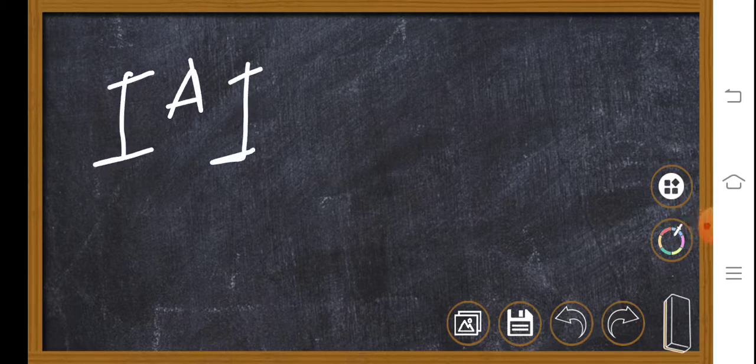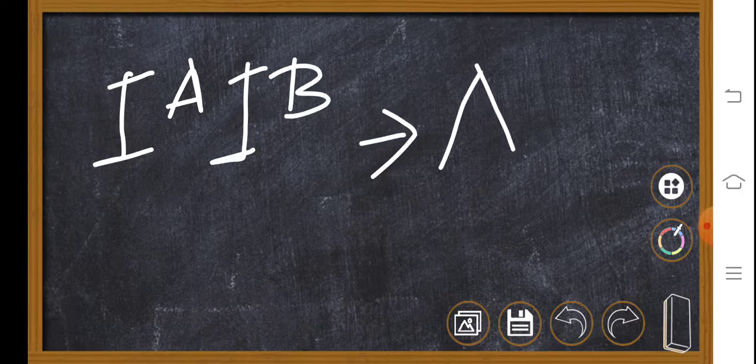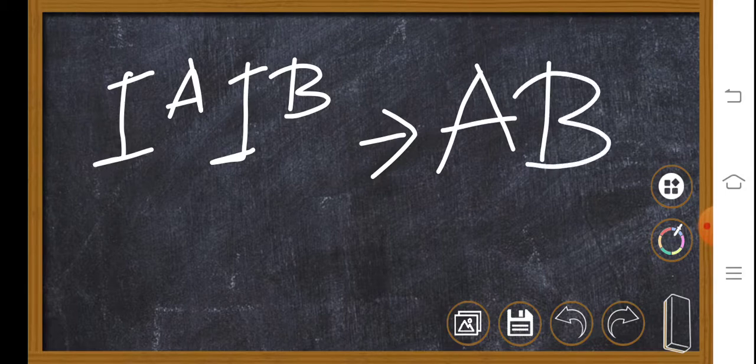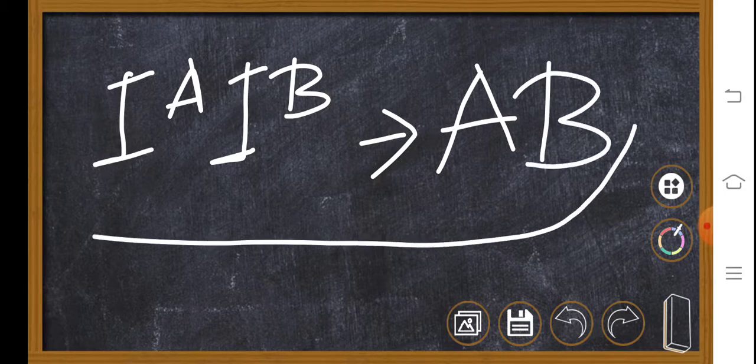So next condition is this. This person will obviously have blood group AB, because both A and B are dominant, and this is the condition of codominance.